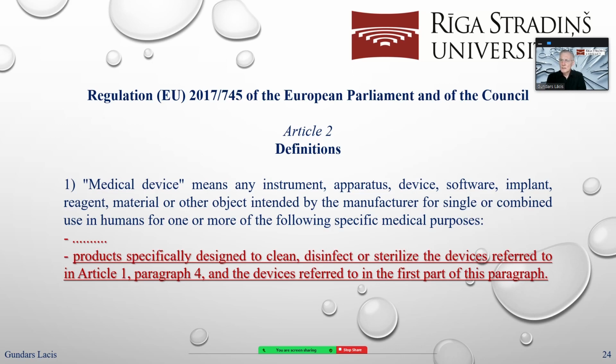Earlier, when the directive was in force, all sterilizers, washer disinfectors, sealers, or whatever was used to prepare instruments to reprocess them, they were just accessories. But now those devices also are medical devices. It's important to understand that it was changed.